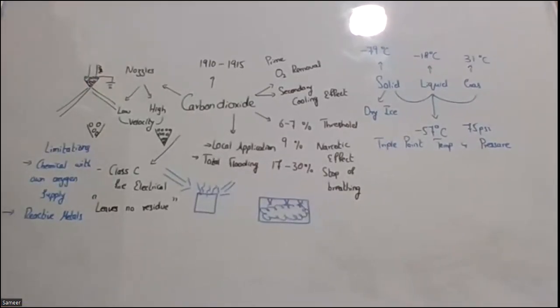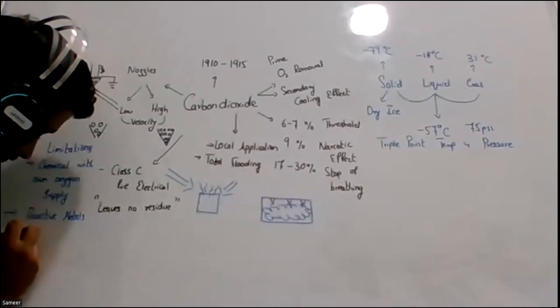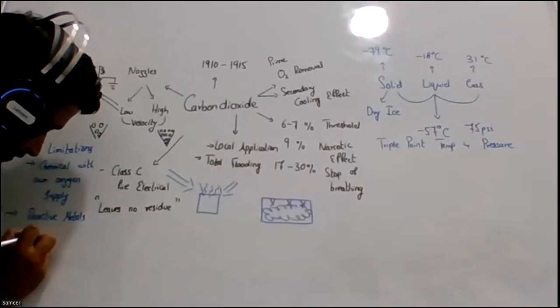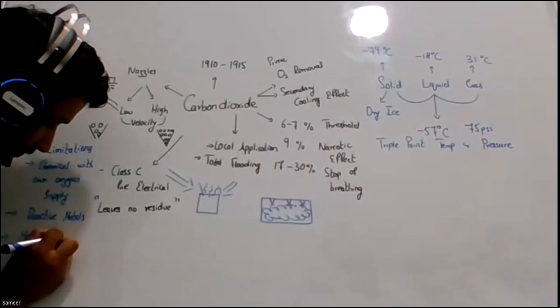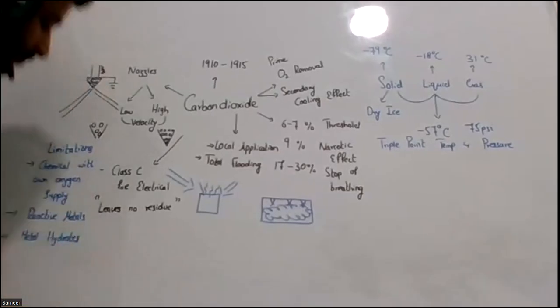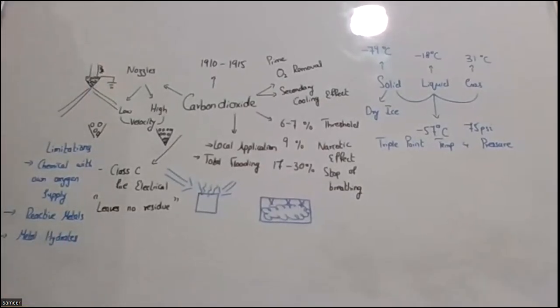And any type of metal hydrates, carbon dioxide can be ineffective because their temperature increases. So these are the limitations of carbon dioxide. Carbon dioxide cannot be applied on all types of fires.